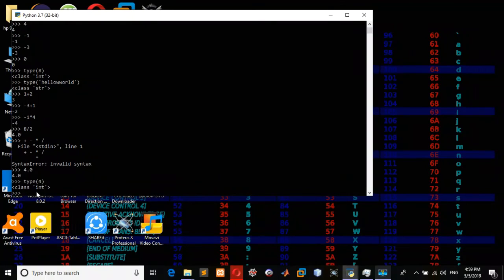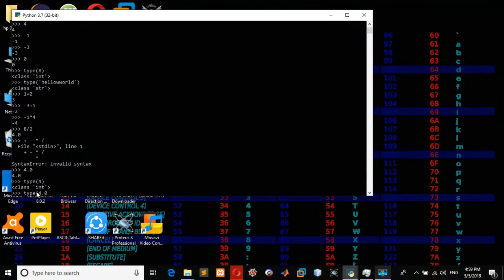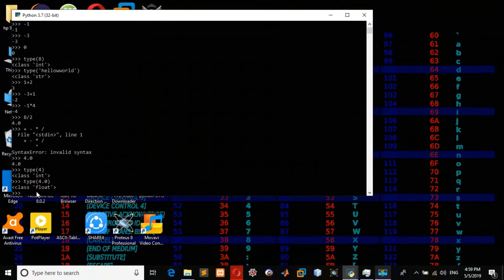It gives me class int, which means 4 is an integer, and then I'll take again the same type and write instead 4.0. You see, it gives me class float. Just to tell you that in Python or in any programming language, there's a difference between 4 and 4.0. 4 is considered as an integer, and 4.0 is considered as a floating point number.